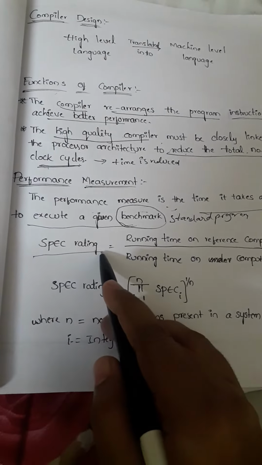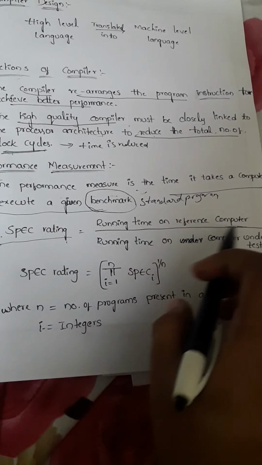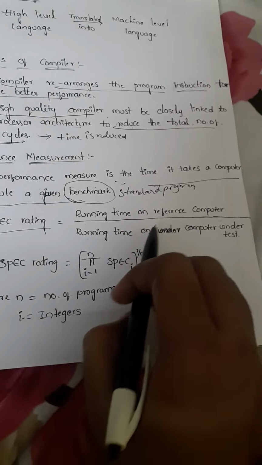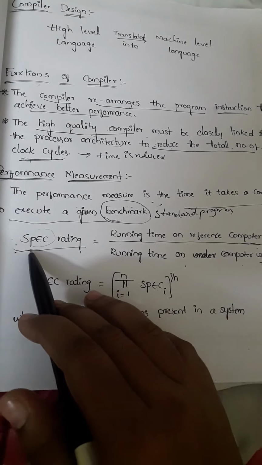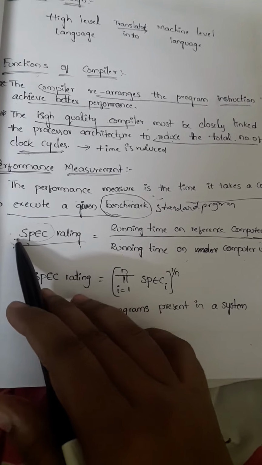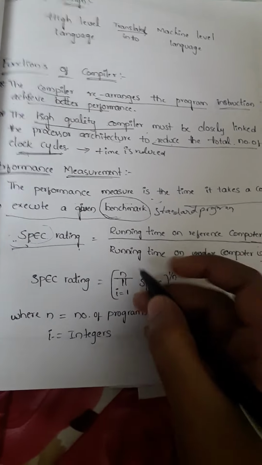So for this we are having one formula. SPEC rating is equal to running time on reference computer to the running time on computer under test. So what is SPEC? It is nothing but System Performance Evaluation Corporation.